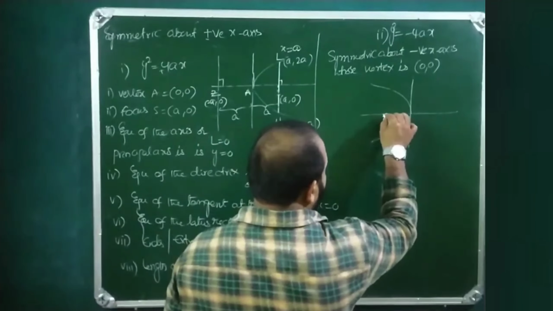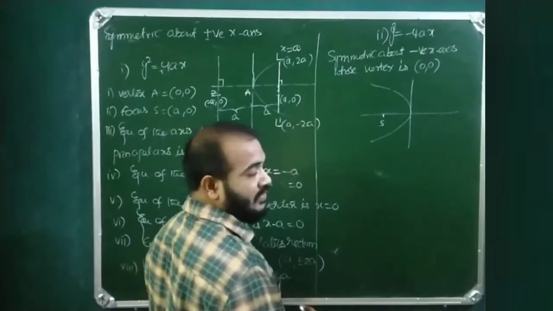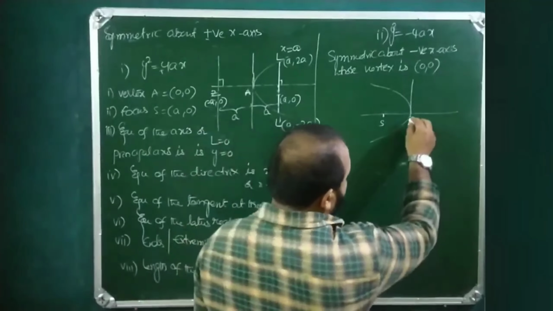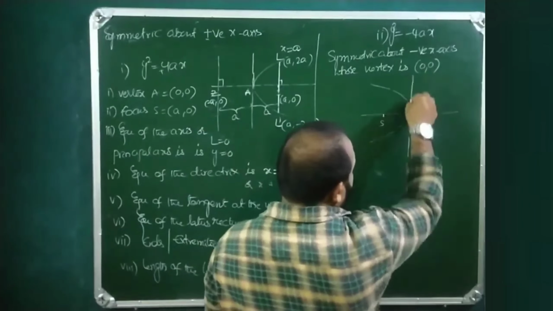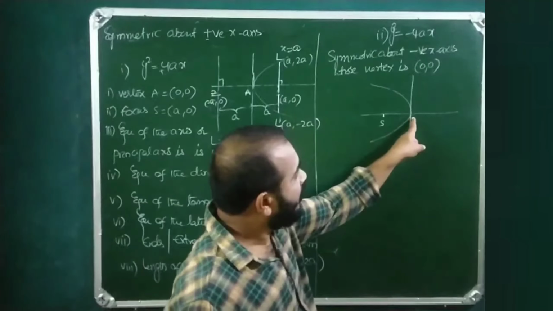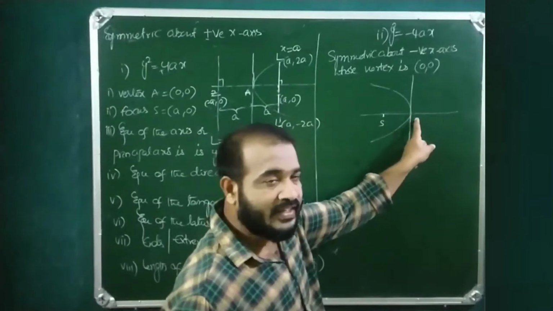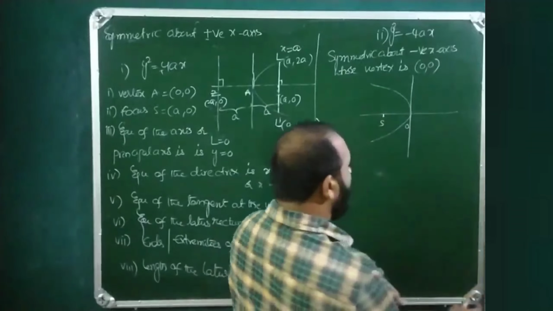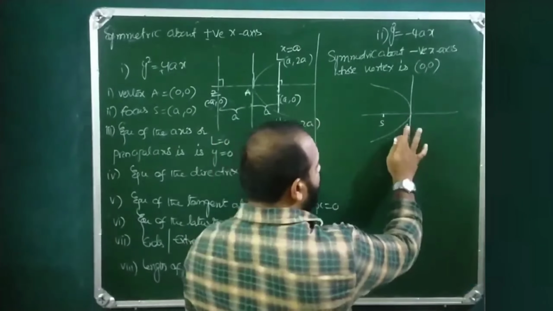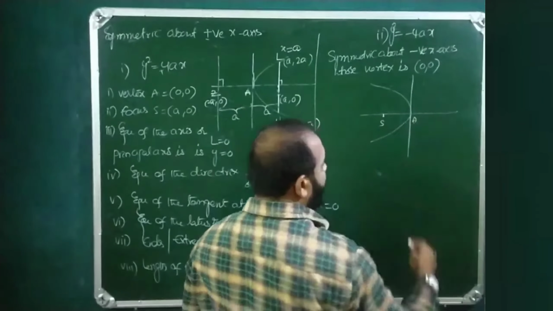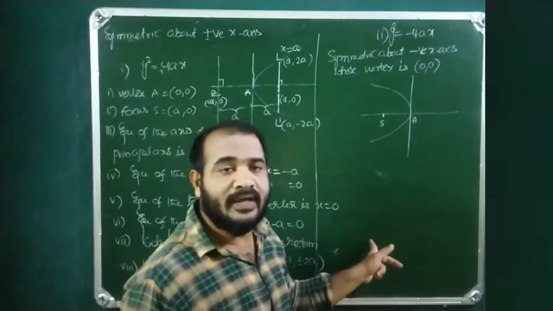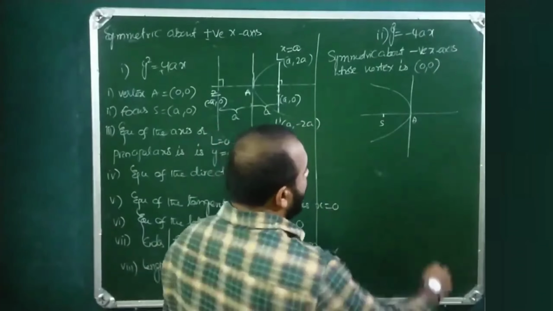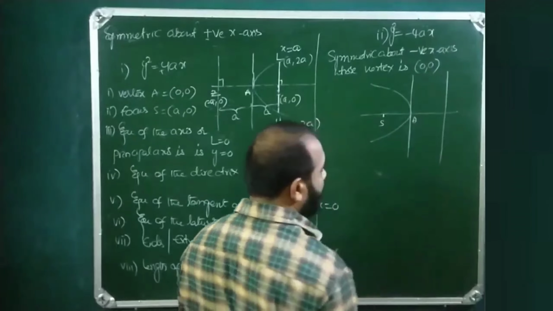So the focus of this is lying here. This is S, and this is the vertex. This vertex is at the origin. Since this is the y-axis and this is the x-axis, the point of intersection is here. So therefore, the vertex is denoted by the letter A, and this is the directrix.